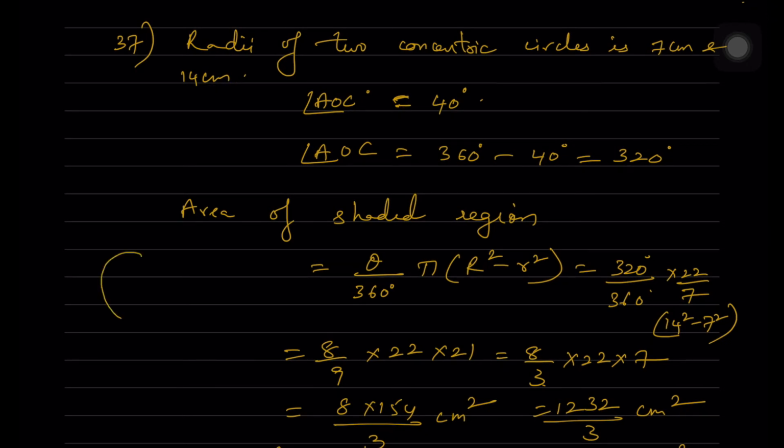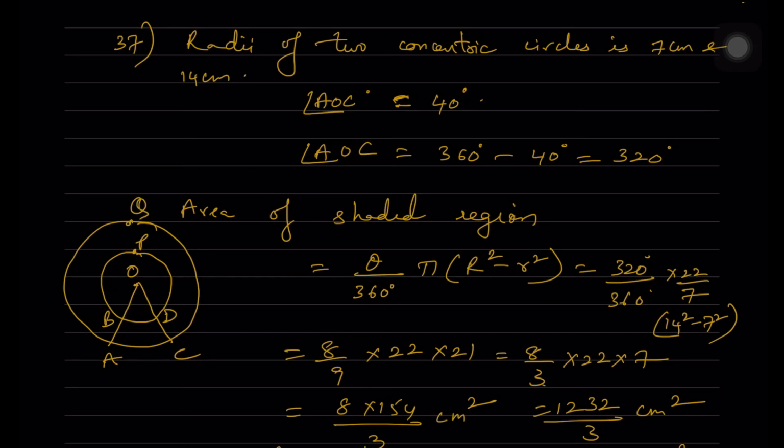You're having one circle like this and one more circle in this way, such that the center is over here. Now this is A, this is C, this is B, and this is D. This point is P, this is Q, and this angle is 40 degrees.